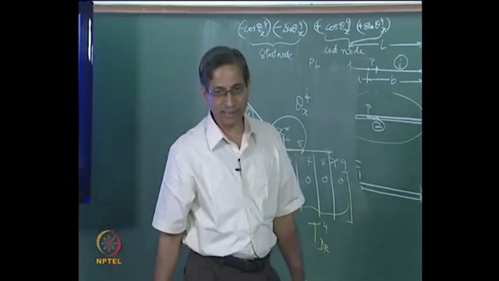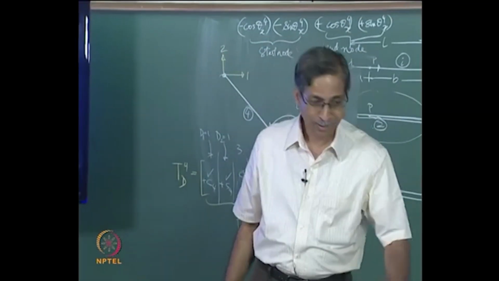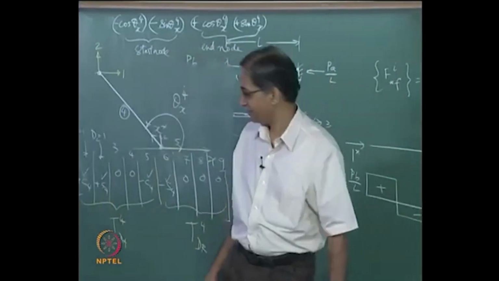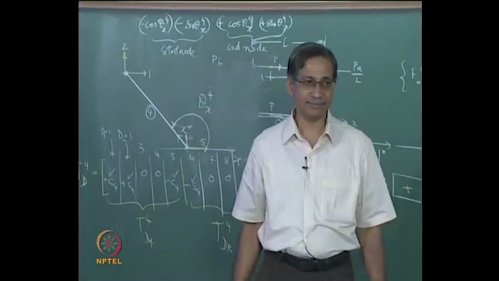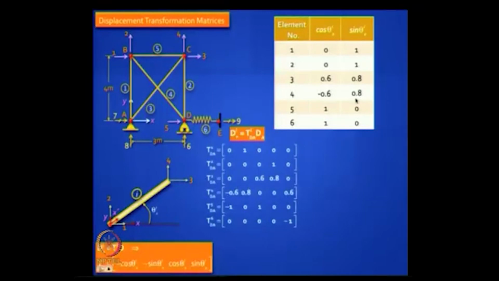You can program it, it will do it automatically. Now do these answers match? Because take a look here, C4 is minus 0.6, S4 is plus 0.8. Does this make sense? Now this will fill up the whole vector, that is TdA and TdR.